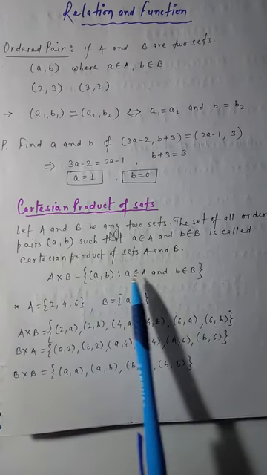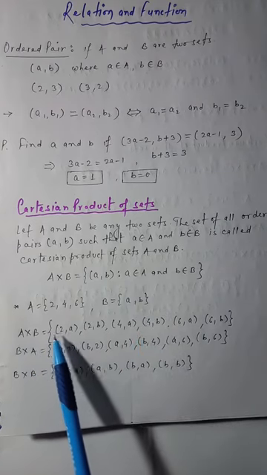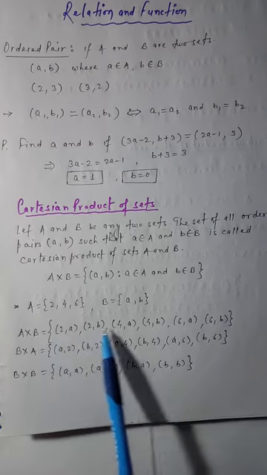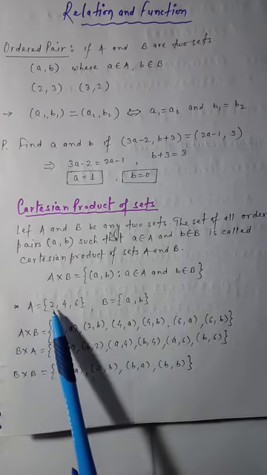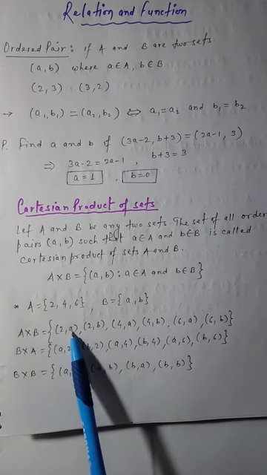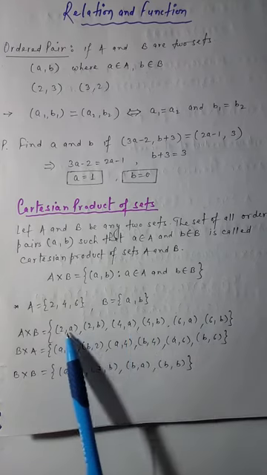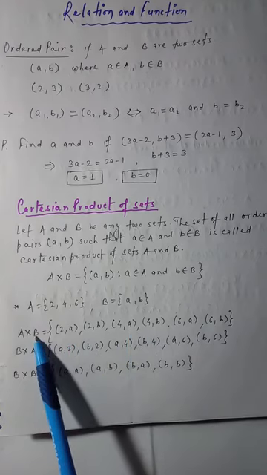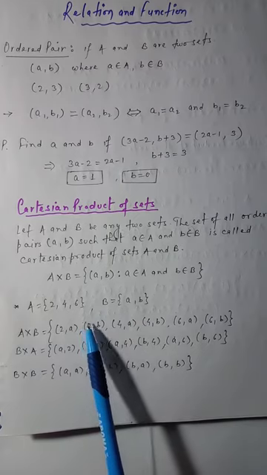So if it is written A cross B, it means all the first elements of the ordered pairs like 2, 4 and 6 must belong to set A. You can check, 2, 4 and 6. In the same manner, the second elements like a, b must belong to the second set B. These are present. So this is actually the ordered pair.